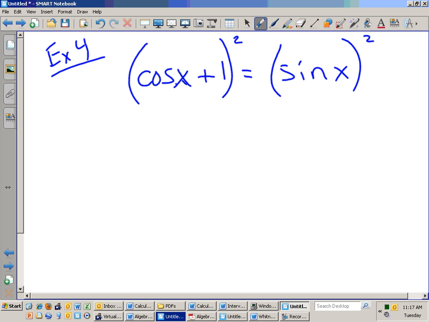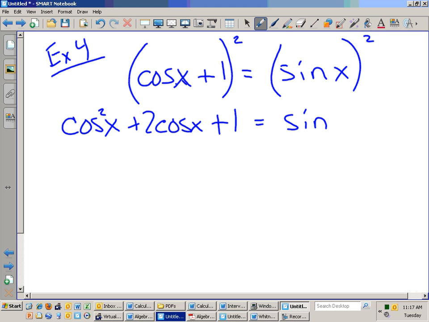What do you give if you square the left? Boil it out. Cosine squared of x plus 2 cosine of x plus 1 is equal to sine squared of x. What do we put in there?